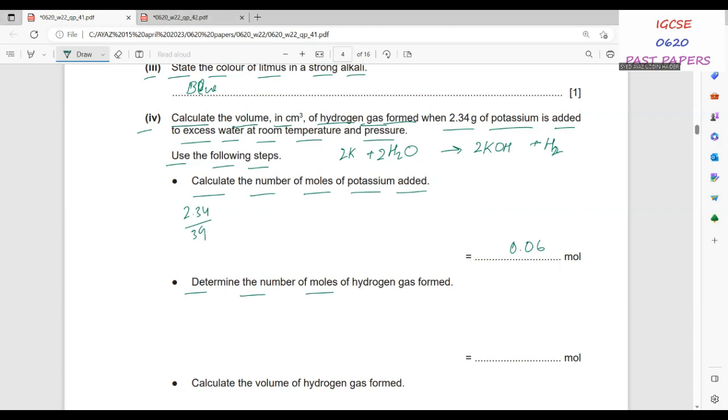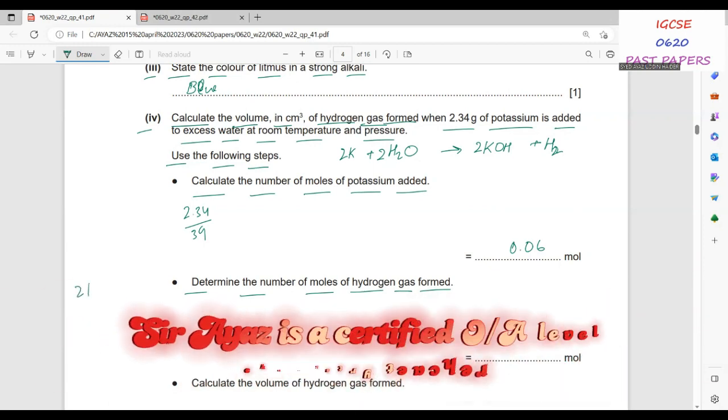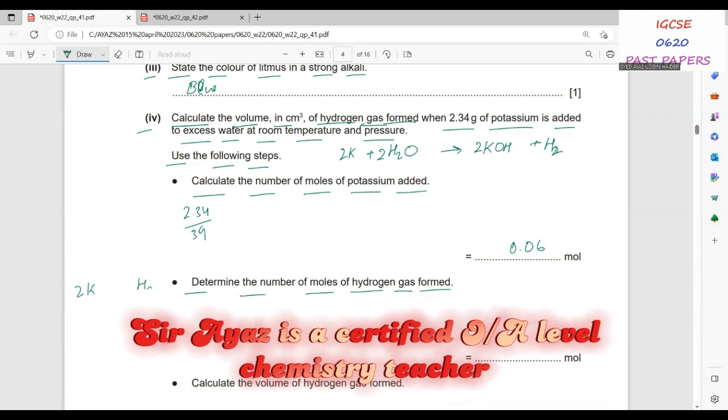Determine the number of moles of hydrogen gas formed. So let's see the relationship between these two. We have 2K and 1 mole of H2. So 2 moles gives 1 mole of hydrogen gas. Therefore, 0.06 gives X mole.